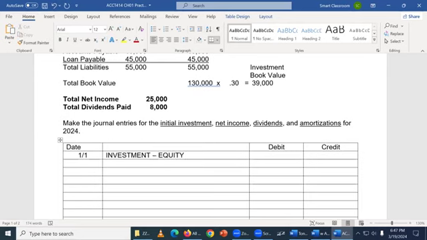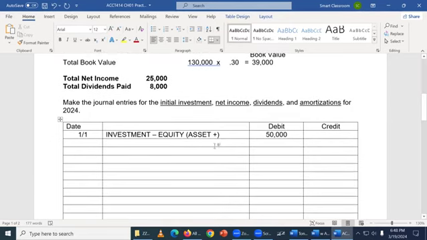I kind of don't like that title for it because you can have investments in equity that are not using the equity method. But our asset goes up by whatever we paid for it. We paid cash, so cash goes down.